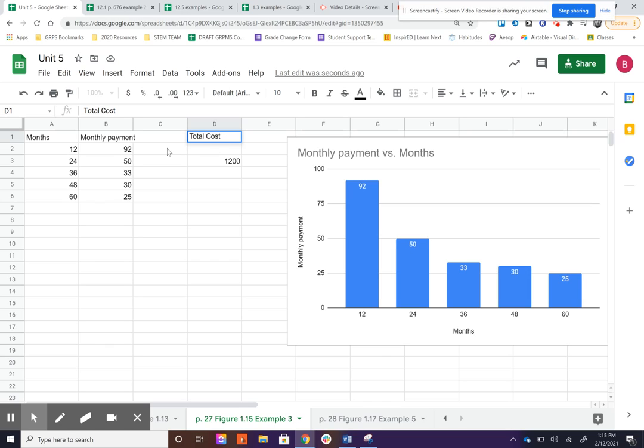And so if we go here, I'm going to go equals 12 months at $92. This would be 36 months at $33. Oh, that's interesting. 48 months.